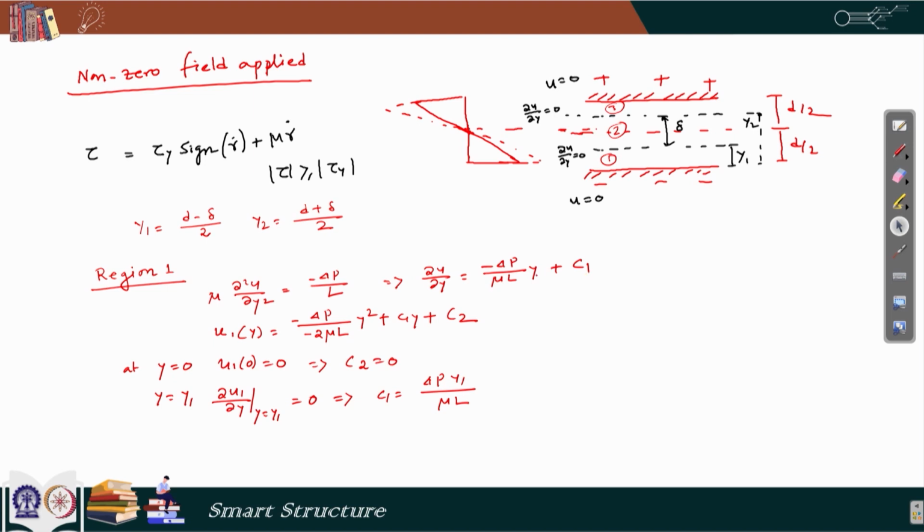So, in this expression when I put y equal to y1 and the left hand side as 0, C1 comes out. That shows me a profile of the velocity along the thickness in region 1.